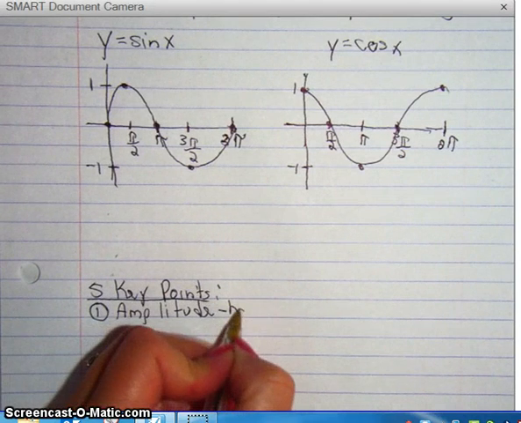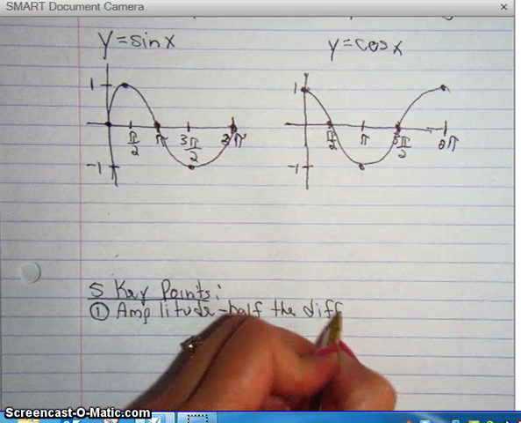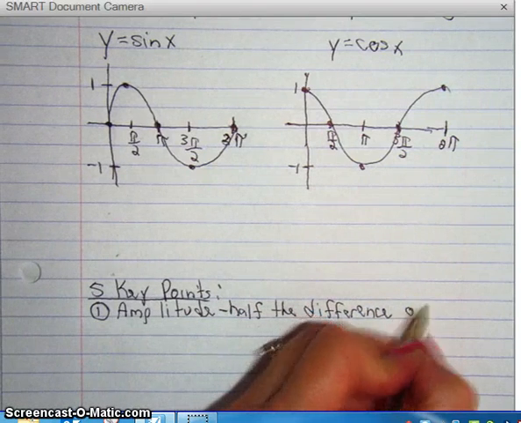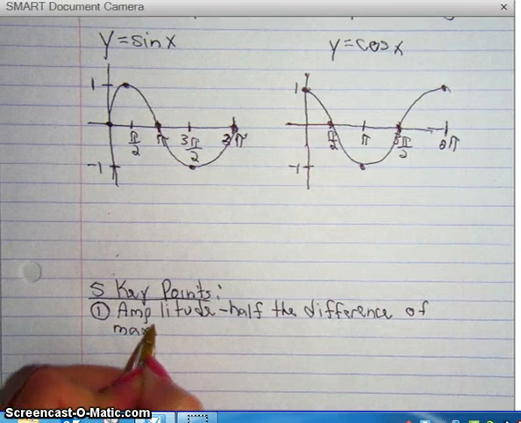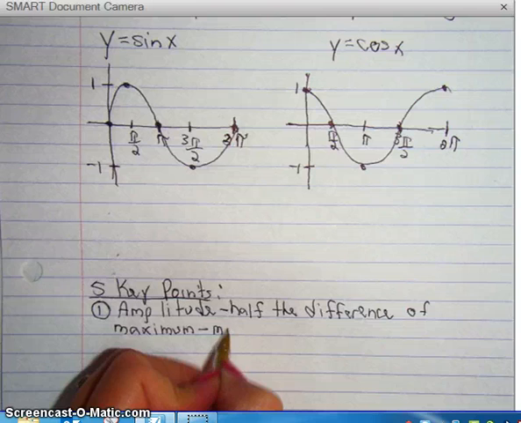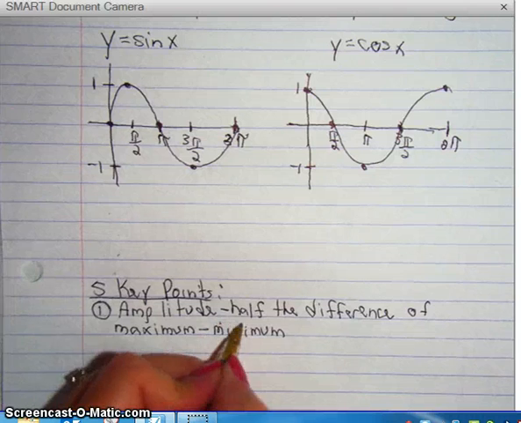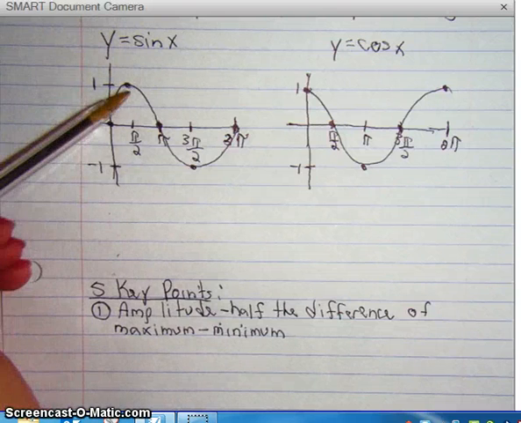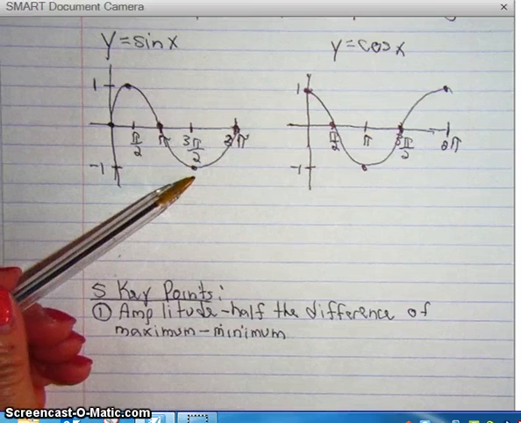It's half the difference of maximum minus minimum. On the sine curve, the maximum is 1, the minimum is -1.